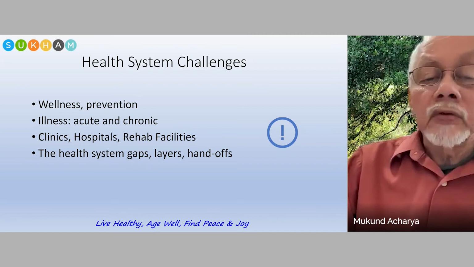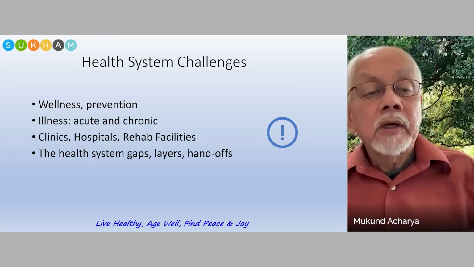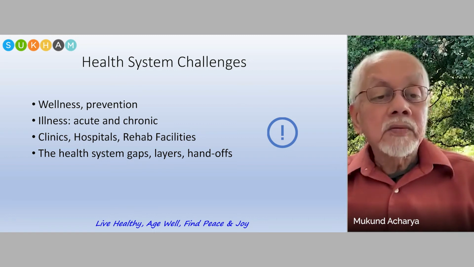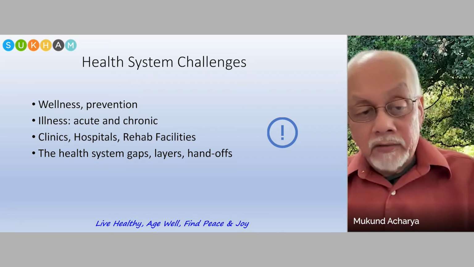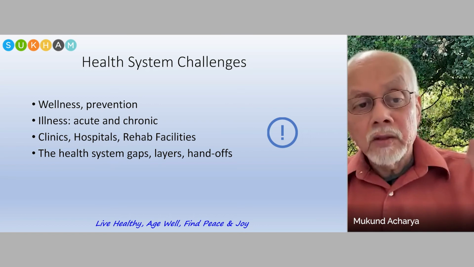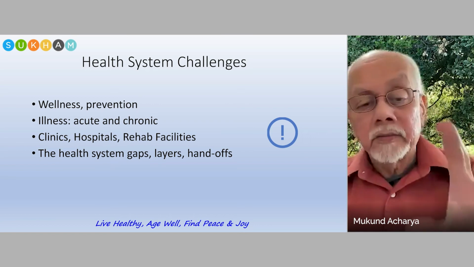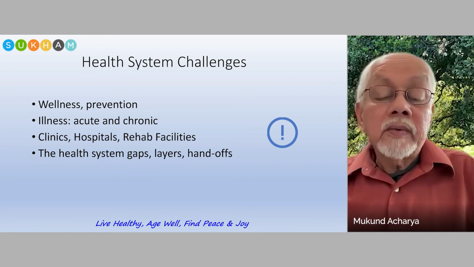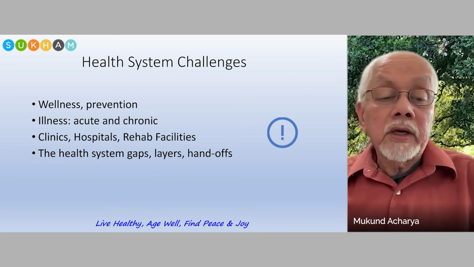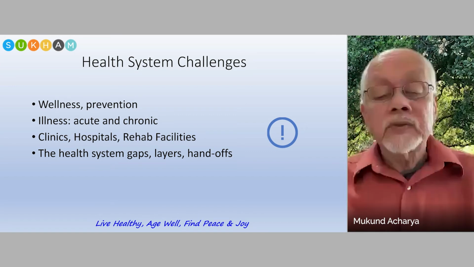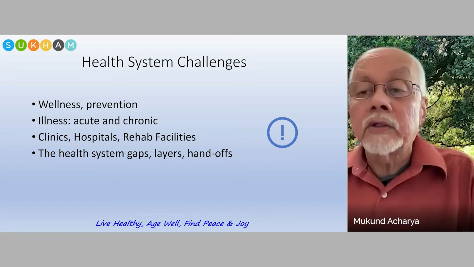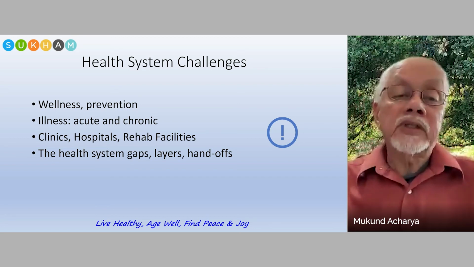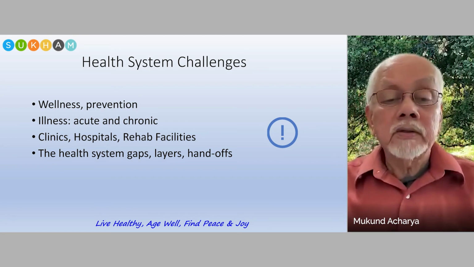Understand what the challenges of the system are in your community in terms of staying well, preventative care, and dealing with illness. And I've talked about these: the clinics, the hospitals, the rehab facilities, and so on. There may be issues in your area where there are gaps in the system. So if you had to deal with this, how would you propose to do it? Understand what the potential challenges are in the system.